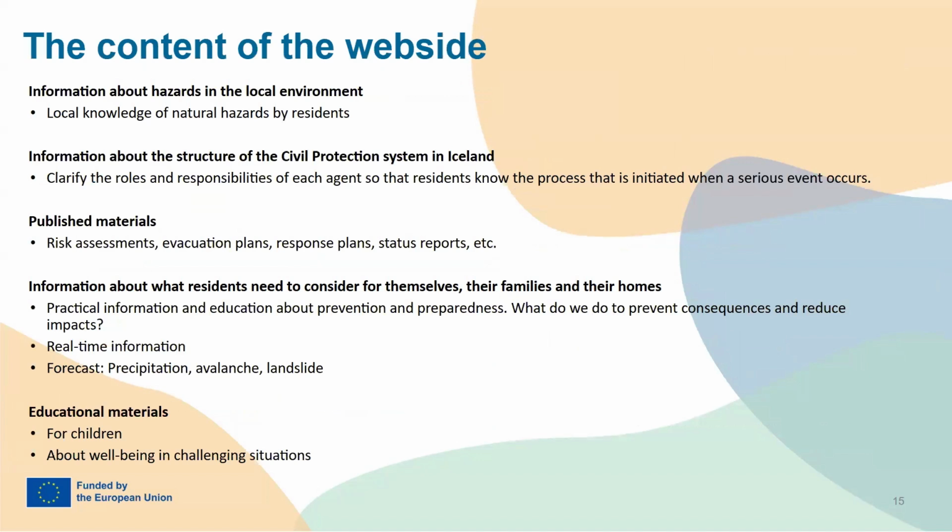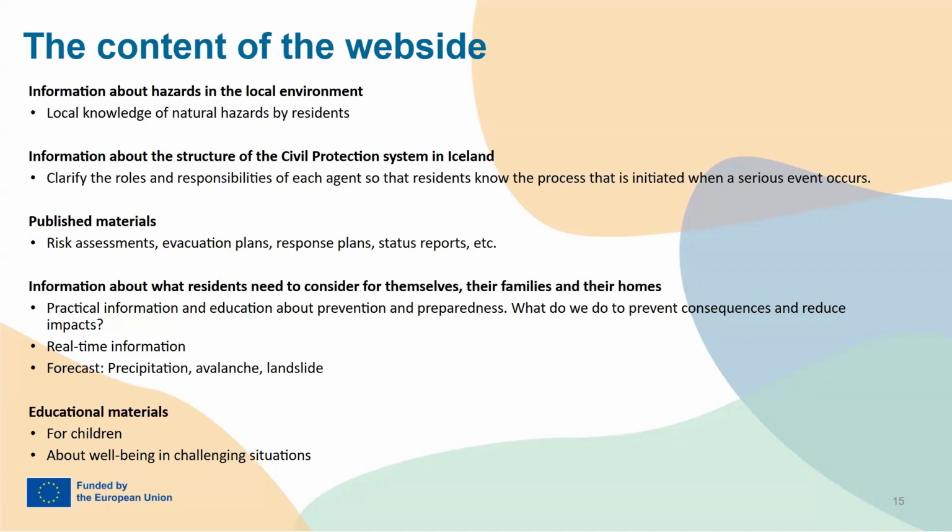So, when we analyzed all these data, we came down to themes that were very important in relation to the material on the website. We need to have some information about the hazards in the local environment, for people to gain this information and knowledge.